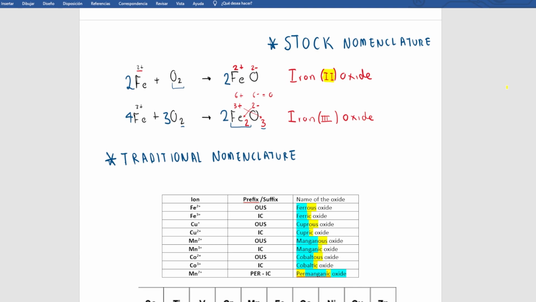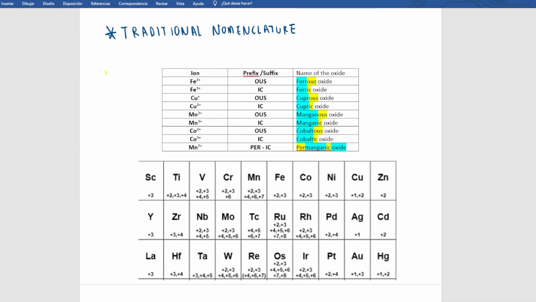In this case, we use suffixes added to the Latin name of the element to represent the lower and the higher oxidation states. We have to focus on the oxidation state, and identify if it is the lowest or the highest. For example, in iron, we have 2 different oxidation states, +2 and +3. Since +2 is the lowest, we will need to use the suffix "-ous" after the Latin stem of the element.